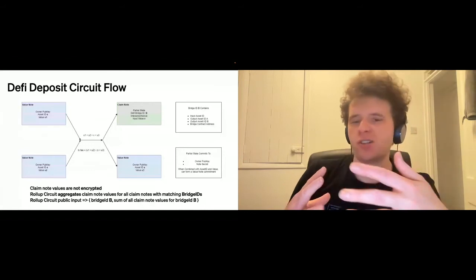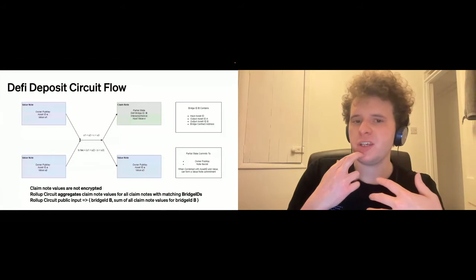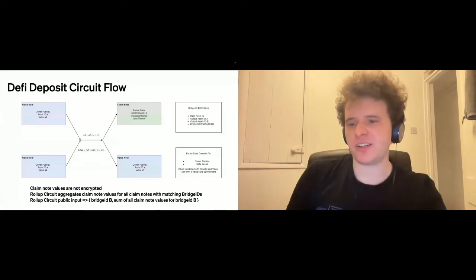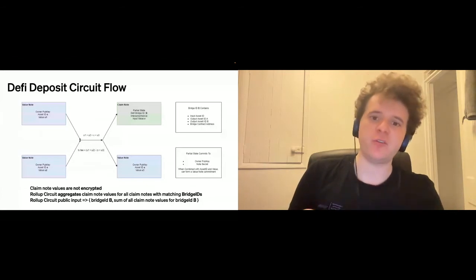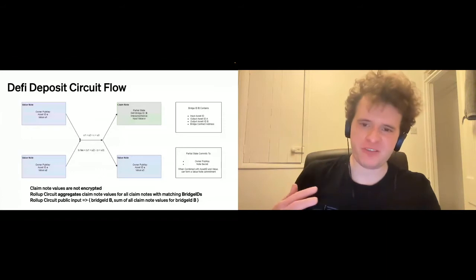By creating this partial state and then completing it later on, you expose some of the plain text, the data that you're encrypting, specifically the value of the note. And in most basic cryptographic protocols, that would be a bit of a deal breaker.